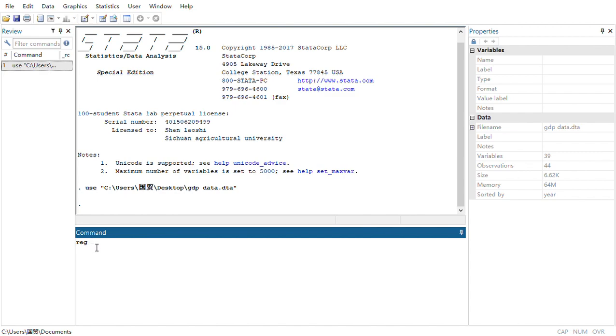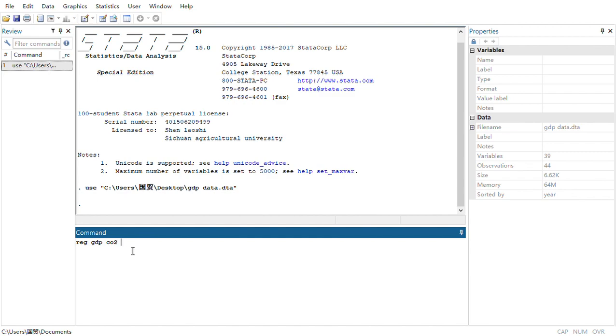which is short for regress. Then the first variable will be the main dependent variable, which is gross domestic product, our variable of interest. Then followed by the main independent variable, which is carbon dioxide emissions.